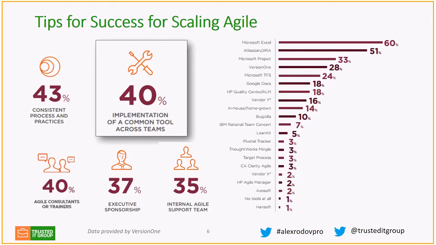And I heard a lot of questions about how do we combine different tools together, and how do we manage Agile and Waterfall, and how do we approach this? Basically, we should always look at this from the implementation of a common tool across teams.